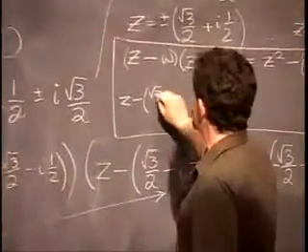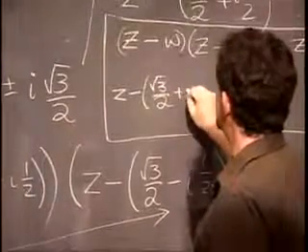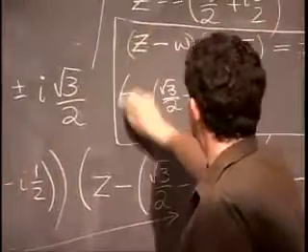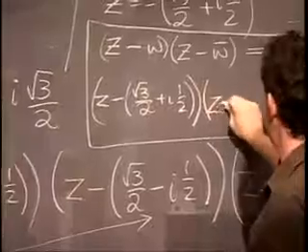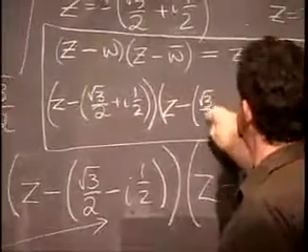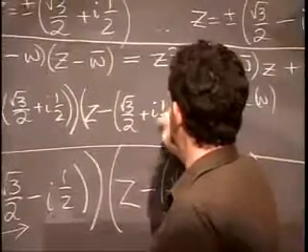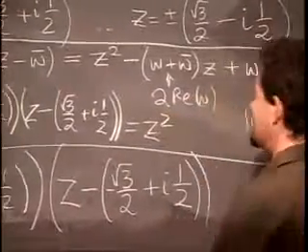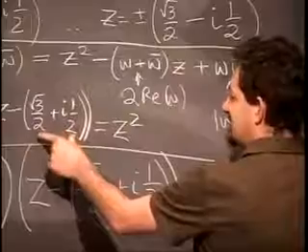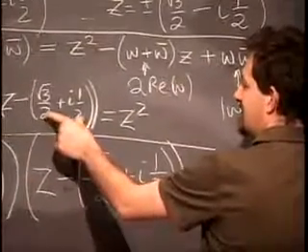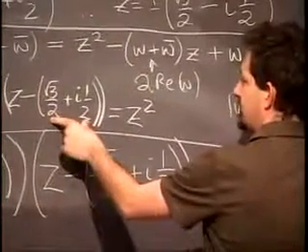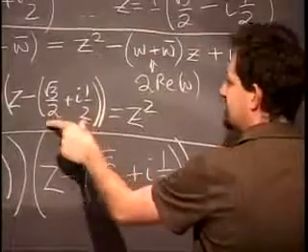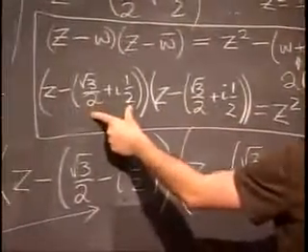z minus root 3 over 2 plus i times a half, times z minus root 3 over 2 plus i times a half. We'll certainly get a z squared. When I take the z coefficient, I get negative root 3 over 2 plus i times a half there, and then I get another negative root 3 over 2.